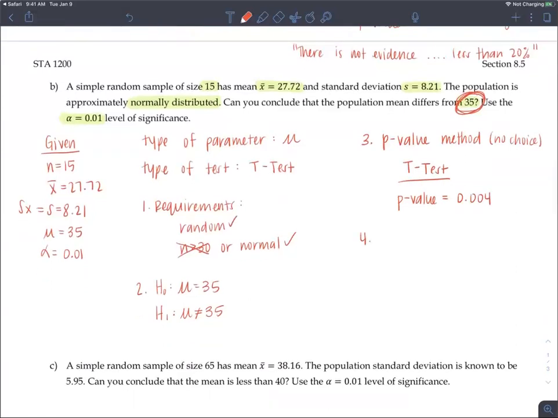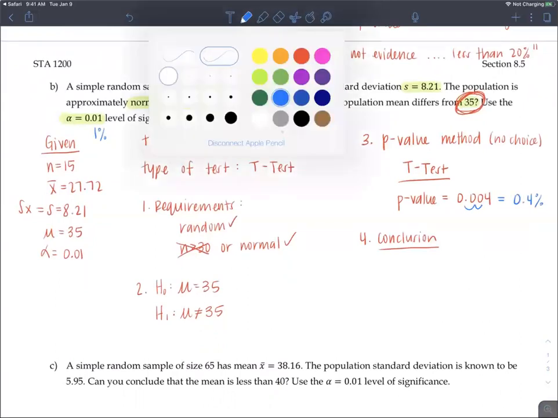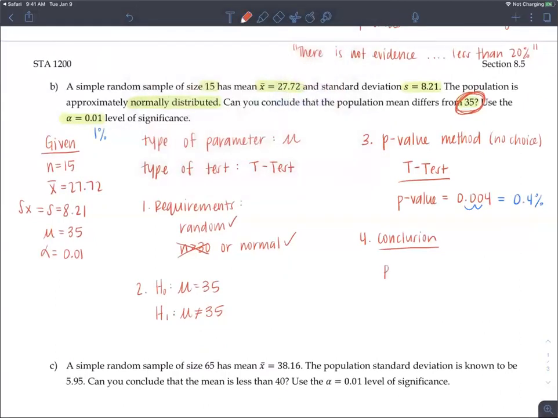And so now we can make our conclusion. We're comparing it to a significance level of 1%. And this, if I move this over 2 spaces, is 0.4%. So is the p-value less than or greater than alpha?